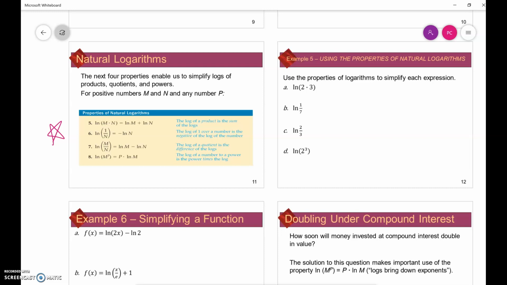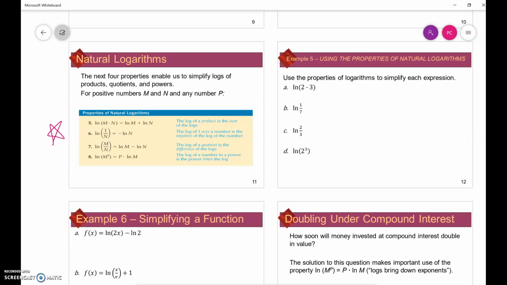If you have the natural log of m times n, that's equal to ln of m plus ln of n. So the multiplication becomes an addition if we break it apart, if we expand it, and we could also go from the addition and simplify it down as well.